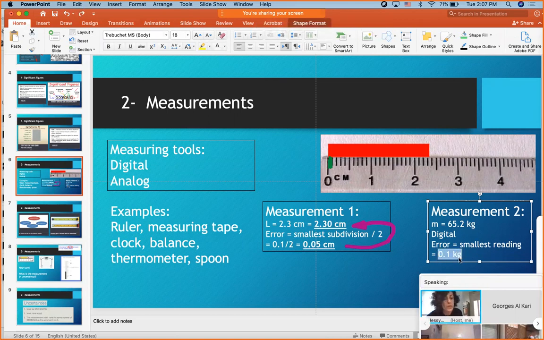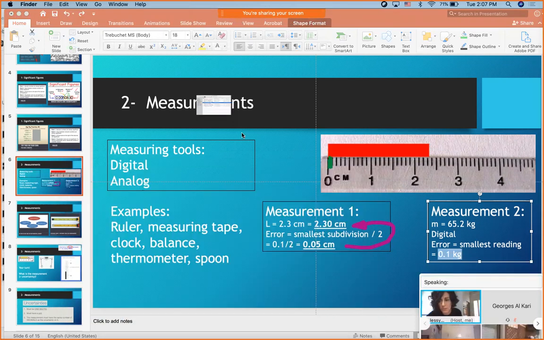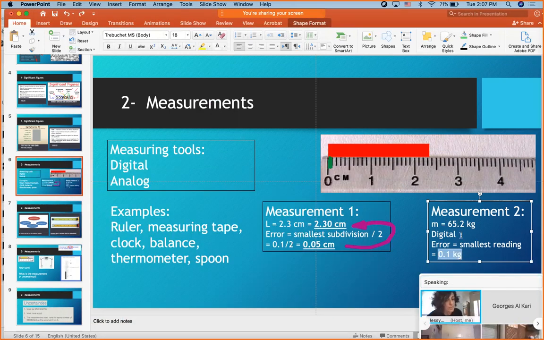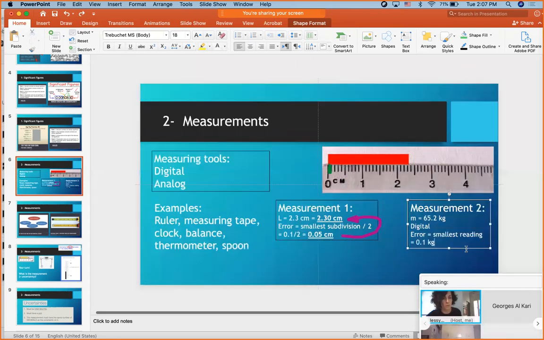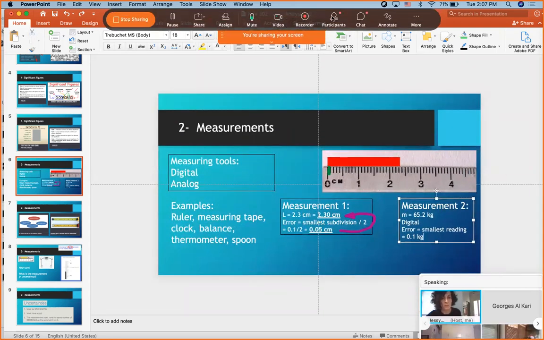Do I have a unit? Yes, so kilograms. And I can see that the error and the measurement itself have the same number of decimals. So no need to change anything. It's so much easier to deal with digital measuring tools, as you can see.